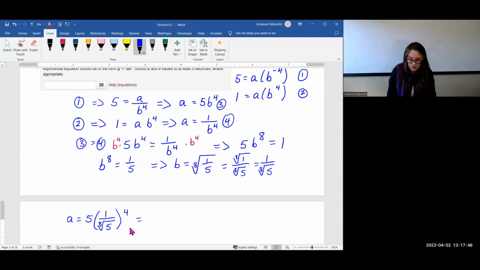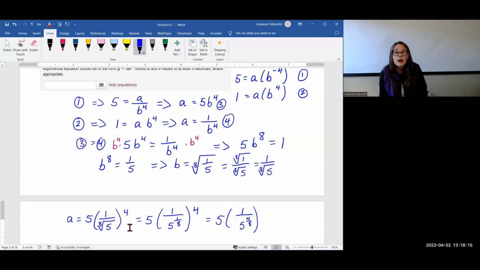Now you may be going, well, I don't know how to do that. Yes, you do. Remember that when we have an 8th root, that means the 1/8 power. So I have 5 to the 1/8 power, all raised to the 4th power. Well, 1 to the 4th power is 1. And this gives me 5 to the 4/8 power.